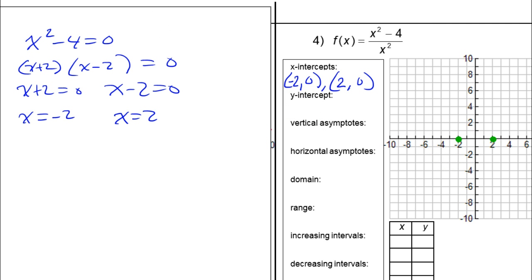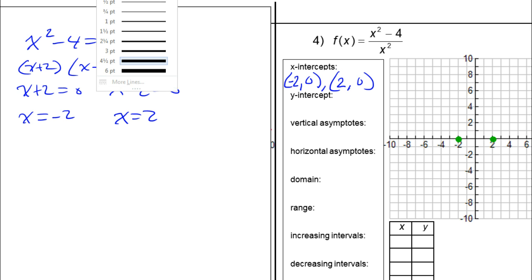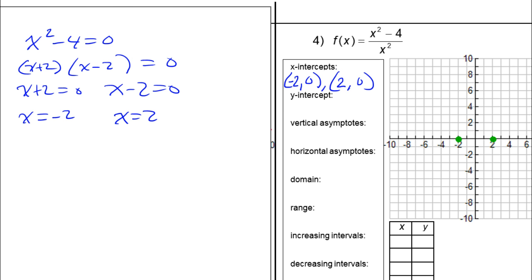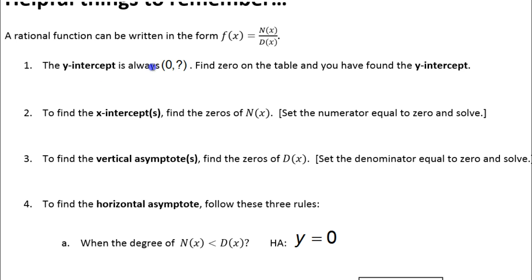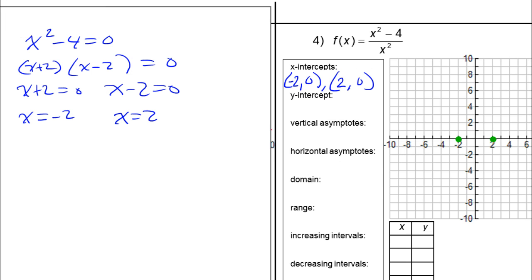Now let's talk about the y-intercept. For the y-intercept, it's always going to be 0 comma something. So I can find the y-intercept in two ways. If I know that it's always going to be 0 comma something, I'm saying that the x value is always going to be 0.